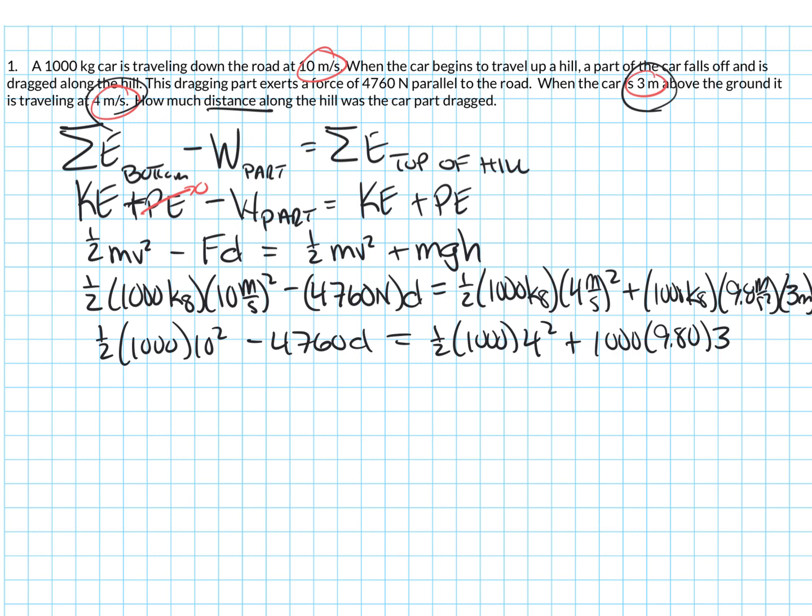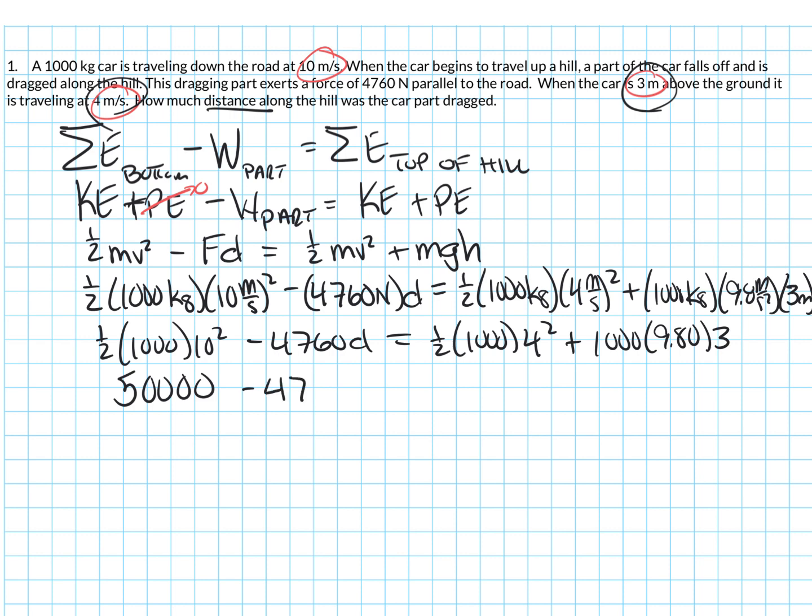I'll start by looking at some of these expressions. Remember, expressions are separated by minus signs, plus signs, and equal signs. So I'm going to reduce some of my expressions. 1/2 1,000, that's 500, times 10 squared, so 10 squared is 100. 500 times 100, that's 50,000.